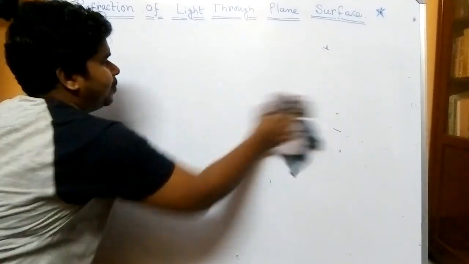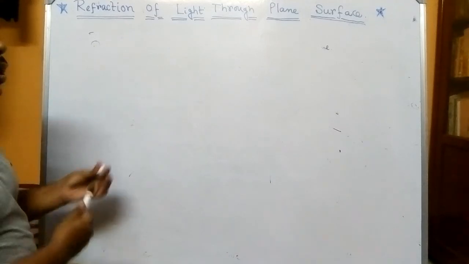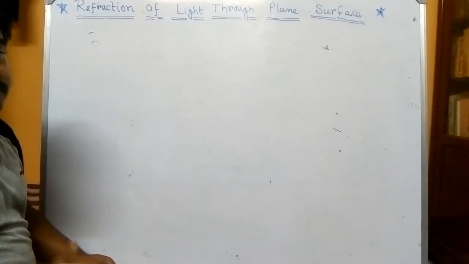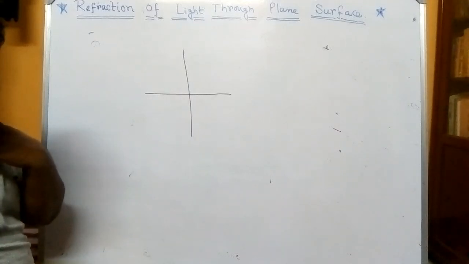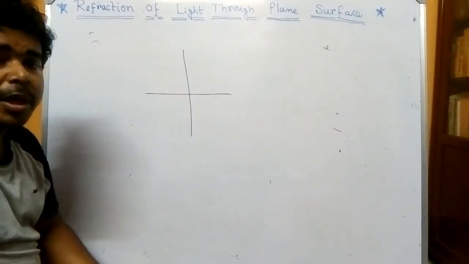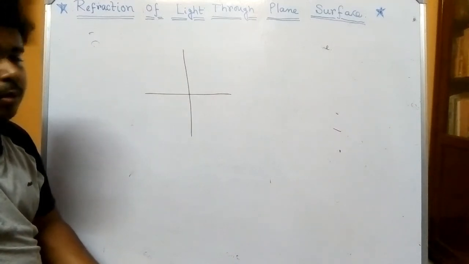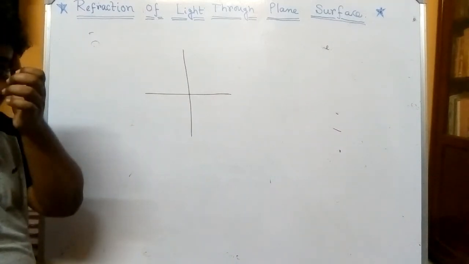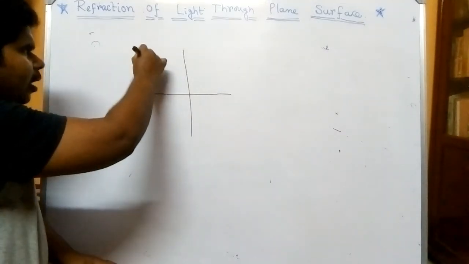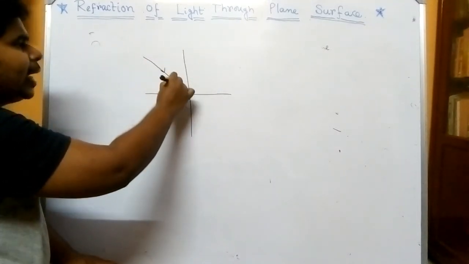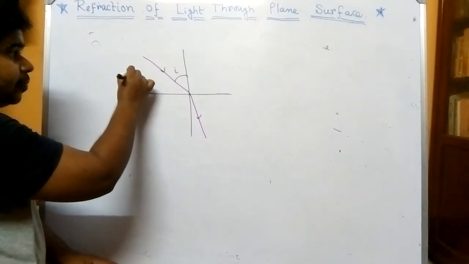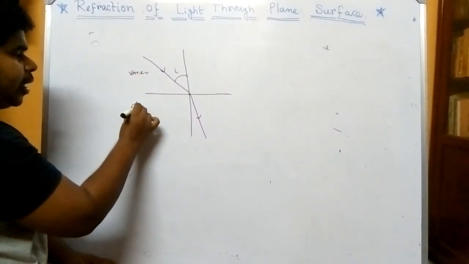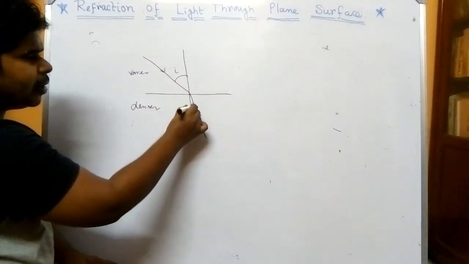Now the question has come: whenever we are talking about refraction, on what does refraction depend, and when will the light ray move from one medium to another without any deviation? For that we have to see this. If the light ray travels at an angle with the normal, then the light ray bends, from rarer to denser.